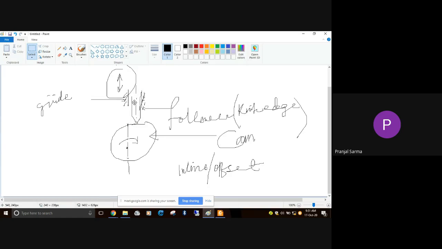If that is not happening, if the situation is something like this, then the axis of reciprocation of the follower is somewhere here, and the cam rotation axis is somewhere here. The cam is rotating about this point, so there is this much eccentricity. Then what kind of arrangement is this?